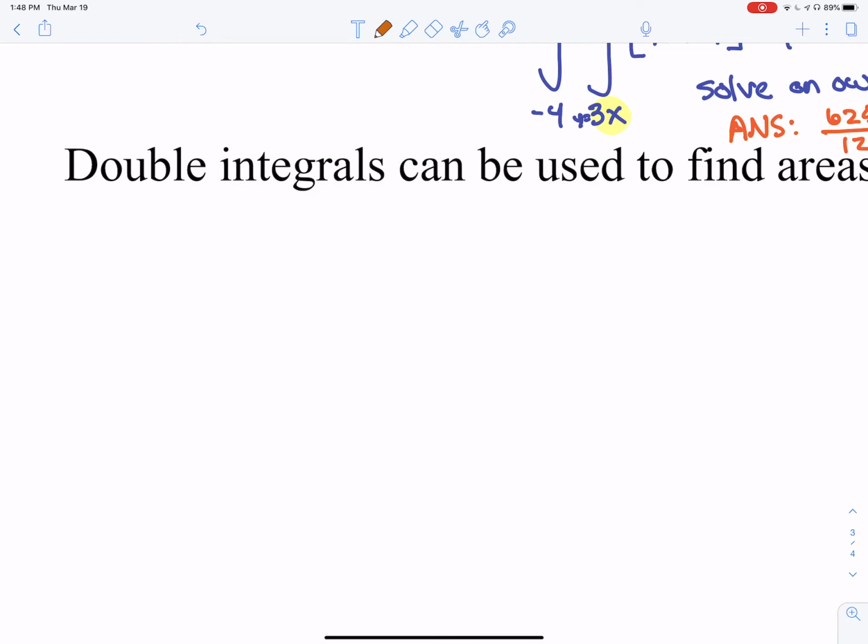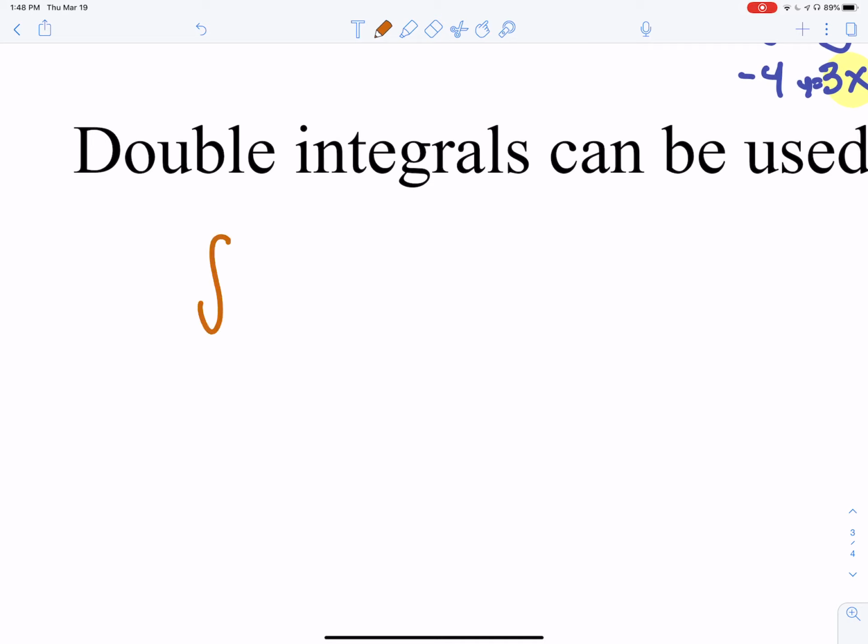So this is actually a general idea. The general idea is that whenever you're integrating 1, so here's a single variable example. If you integrate a function that's just 1, then it tells you something about the interval or the region of integration, something about the bounds, right?